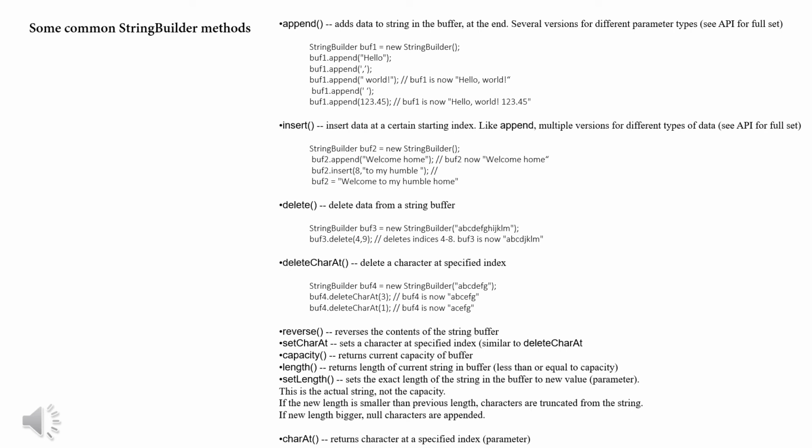And finally, if you want to see a special character in a special location of a string, you can use charAt and then the index of that character. So charAt will return a character at a specified index.